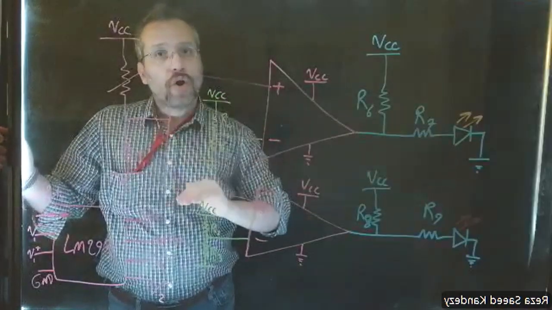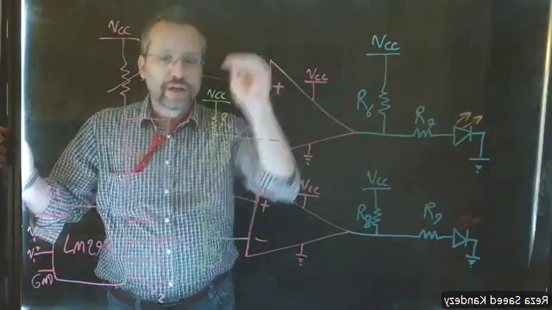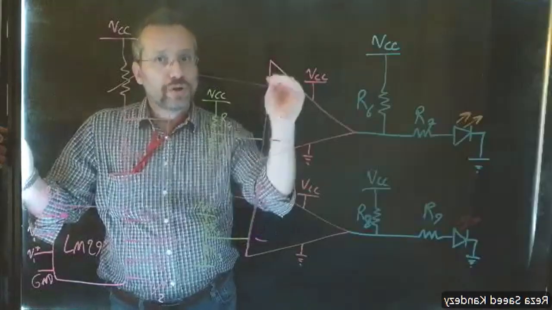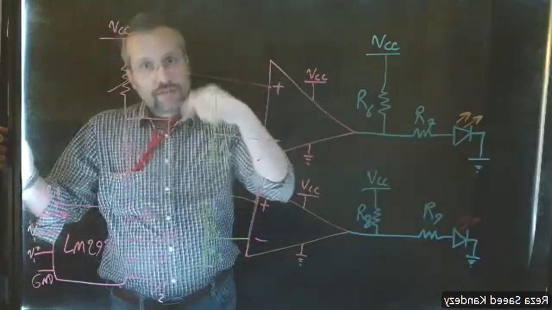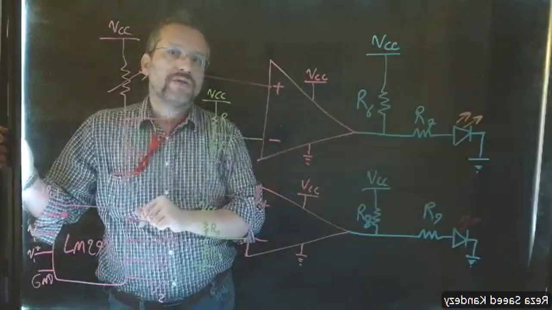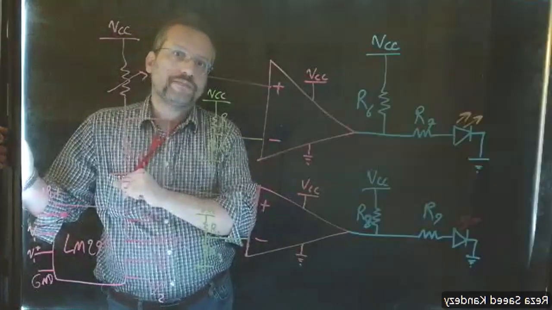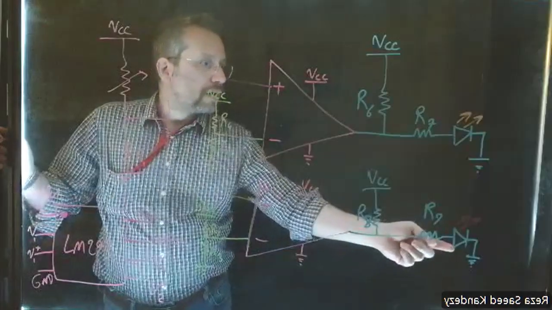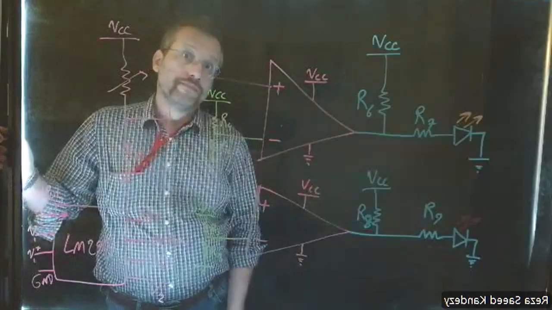And if we are going to the hot range, meaning there is a high change in the resistance of our thermistor, then we want to activate the red LED too.